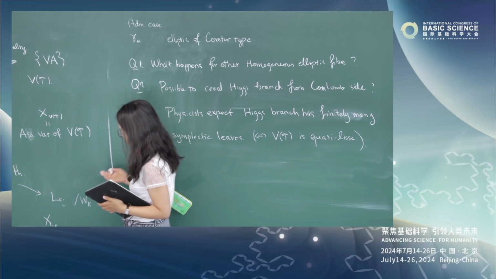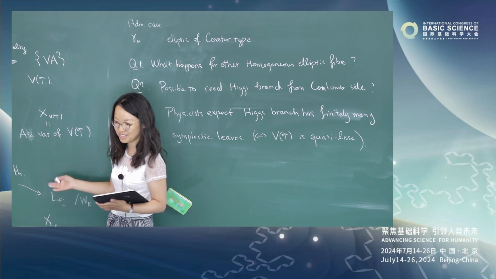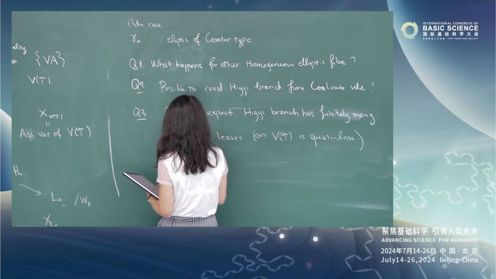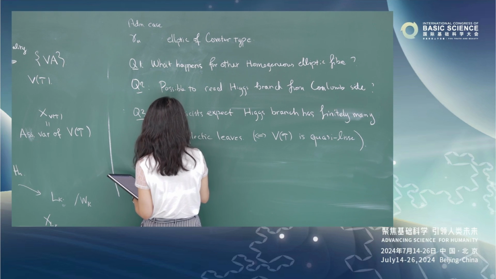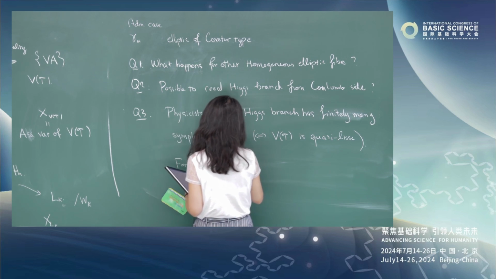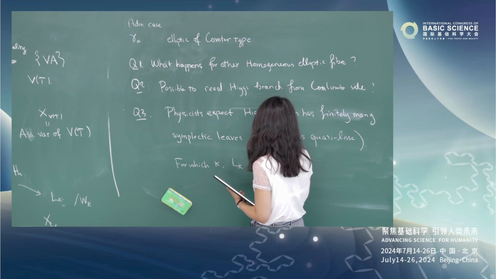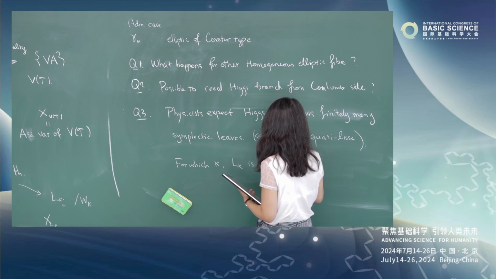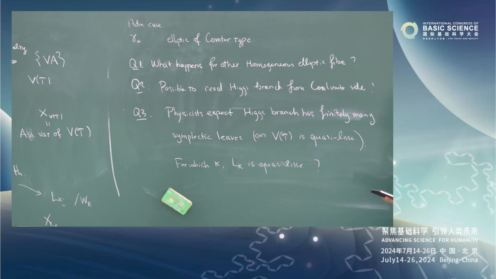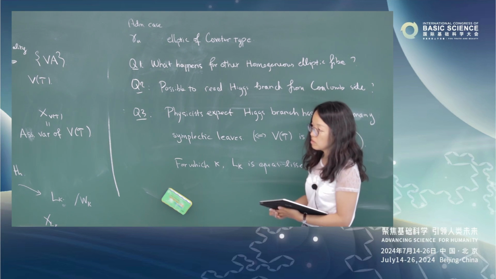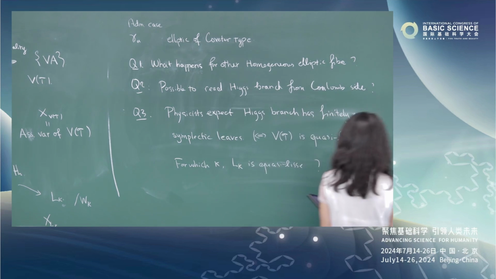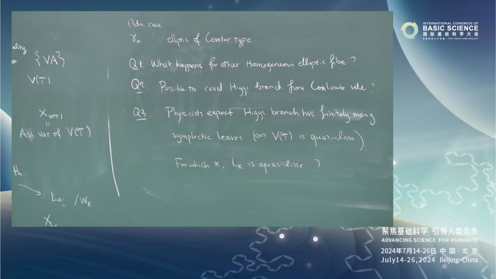So that means they cannot all appear in this theory. And so you can ask, for which kappa is L kappa quasi-lisse. So these are some of the questions to discuss.